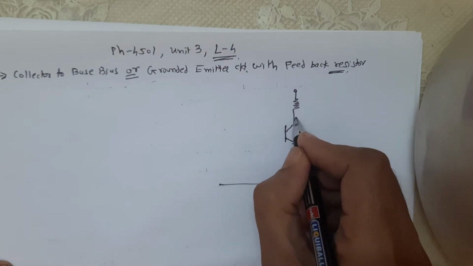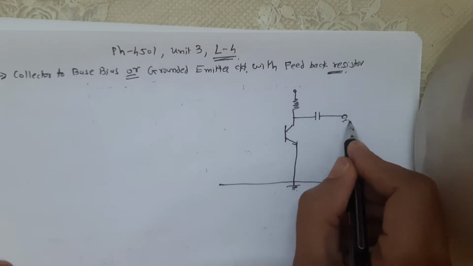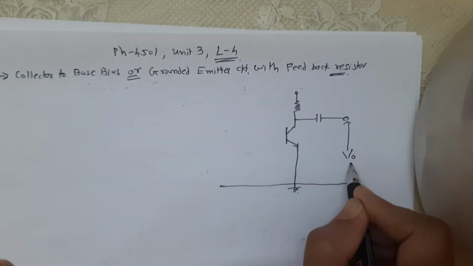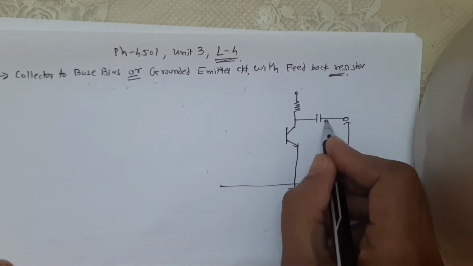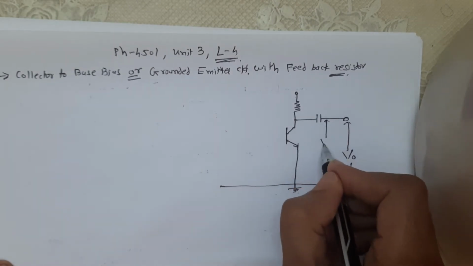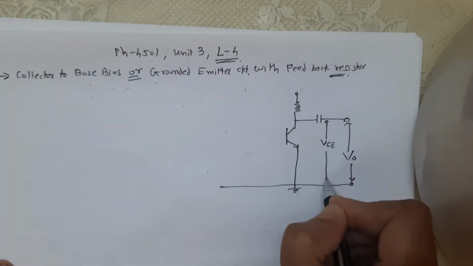This is the collector capacitor, and we are getting the output Vo, which is in between the collector and emitter. So we can also write this as the voltage across collector and emitter.